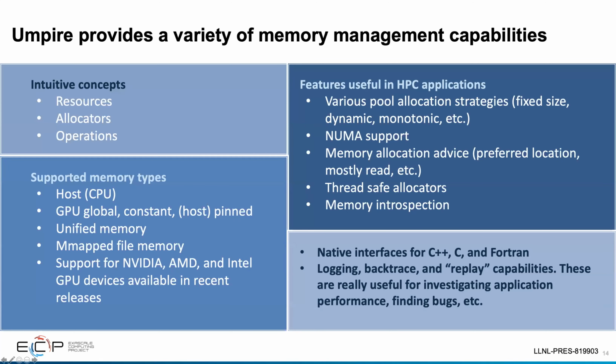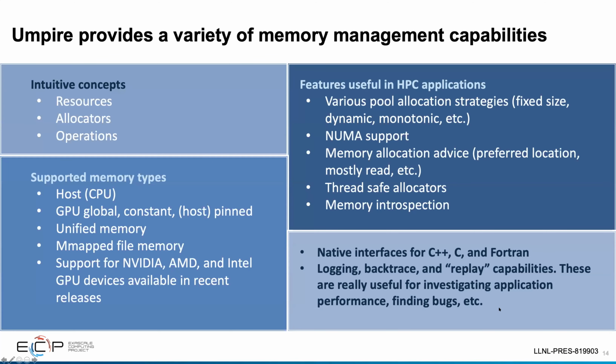So just as a quick summary of Umpire, Umpire is an API for general memory management. It's composed of very intuitive concepts. It supports various memory types, for example, host, GPU, global, pinned, and unified memory, and it offers features that are very useful in HPC applications, such as creating these memory pools, doing queries, providing thread-safe allocators, and memory introspection.